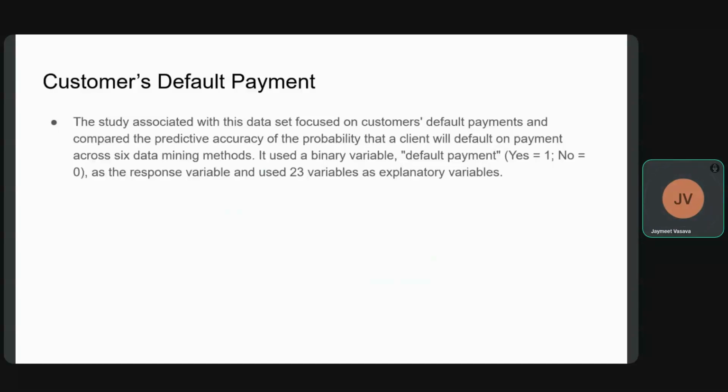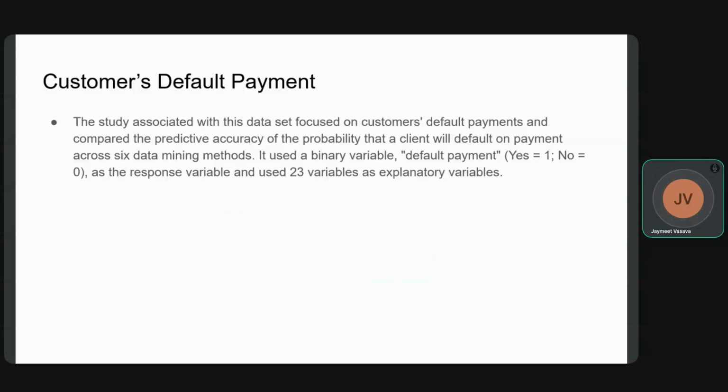Now, you can see the description on the screen that the study associated with the dataset focused on customers' default payments and compared the predictive accuracy of the probability that a client will default on payment across 6 data mining methods, which can be regression, logistic regression, neural nets, and so on. But this is the description regarding the data set, and we are only using it for SVM.